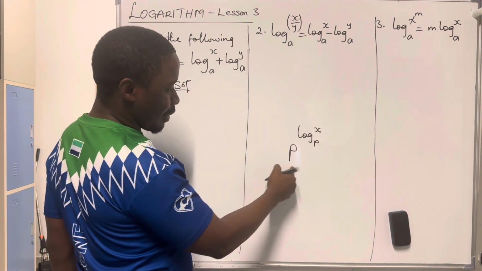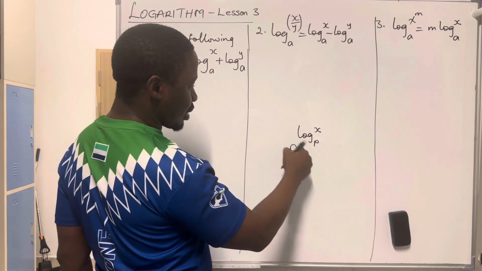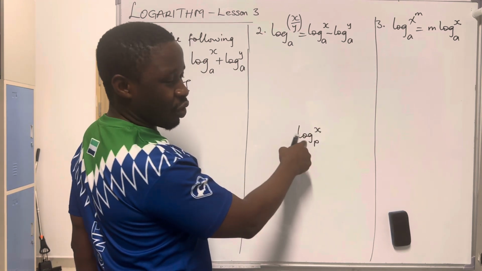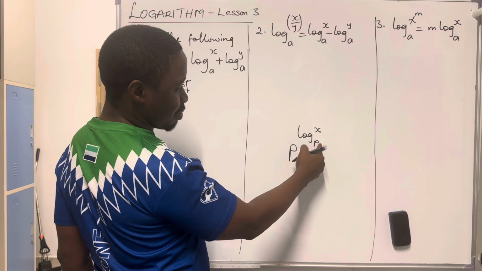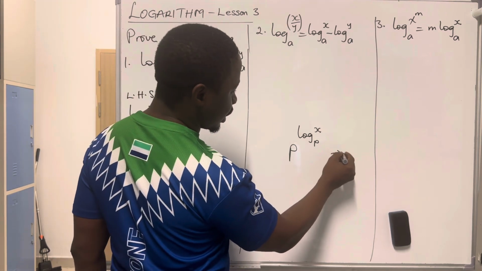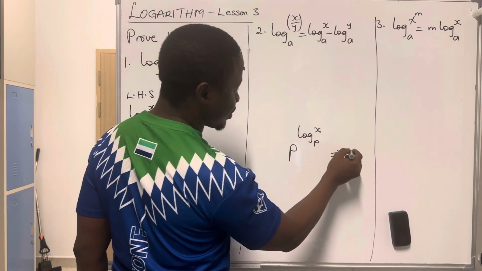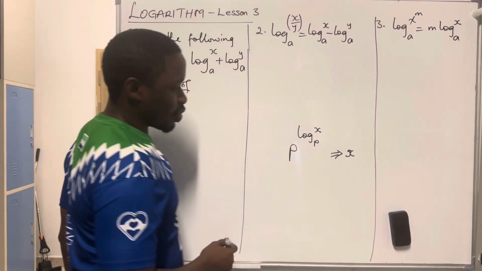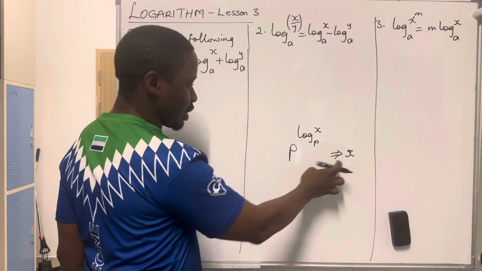It has a number, it has a base, but the base is the same as this one. So this is equal to the log number. When this happens, this is equal to x.